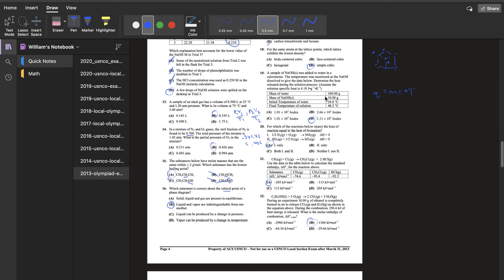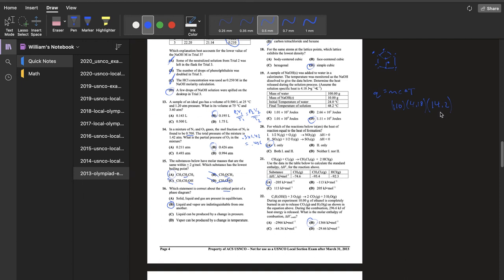Our mass of solution is 110 grams because we're essentially assuming that NaOH becomes the solution too. C is 4.18. Oh, that's a little inaccurate. 4.184 is exact, but we'll just use what they tell us to use. And the temperature change is 14.2.